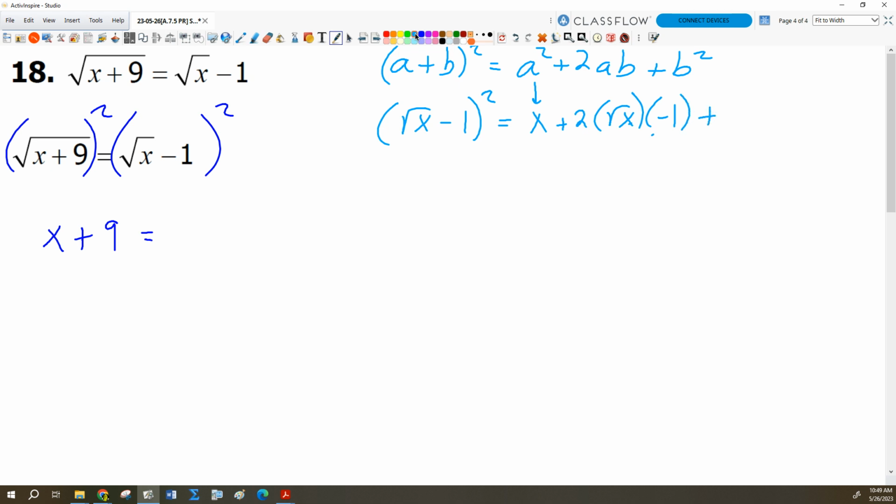Plus b squared, which is negative 1 squared, because this first one was really just the square root of x squared. So now what's that give me? Well, I get x plus 2 times the square root of x times negative 1. That's just minus 2 square roots of x. And then negative 1 squared is plus 1. So on the right side, I just get all that.